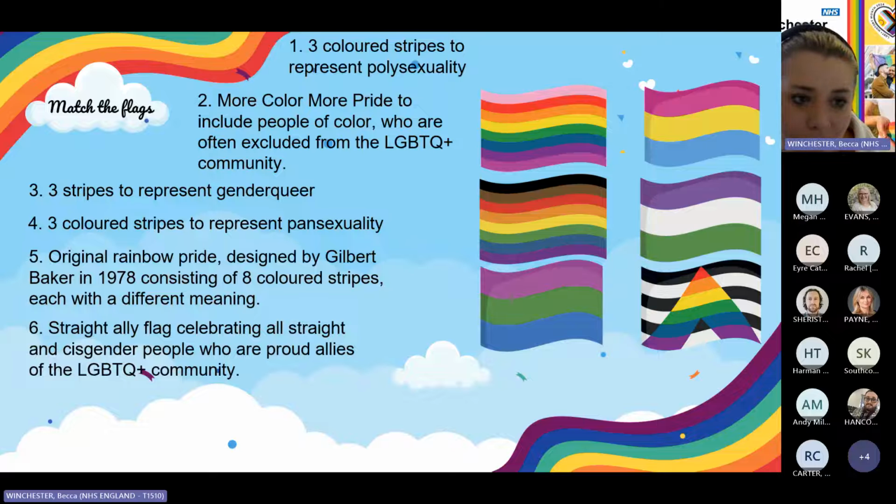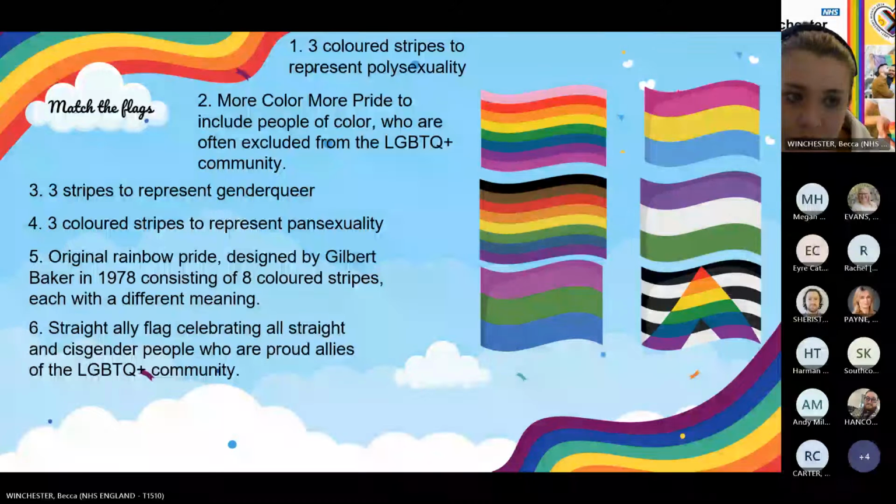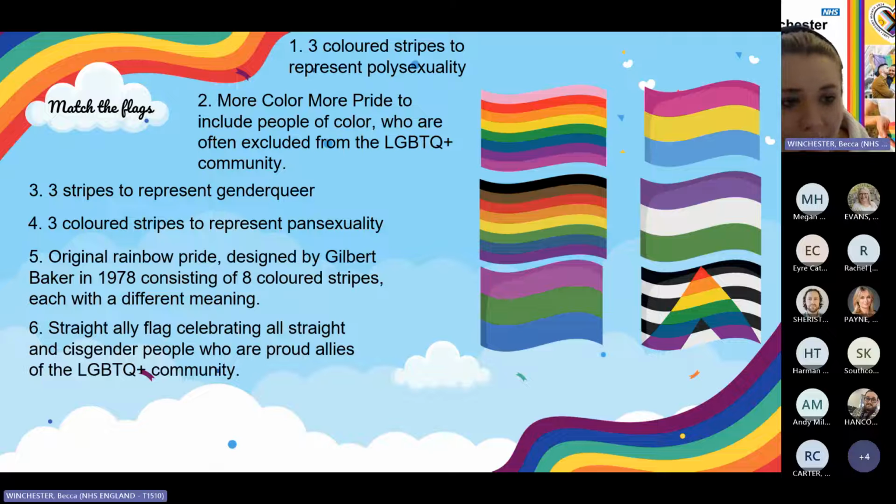Number 4, 3 stripes to represent pansexuality. Number 5, the original Rainbow Pride flag designed by Gilbert Baker in 1978, which consists of 8 coloured stripes, each with a different meaning.